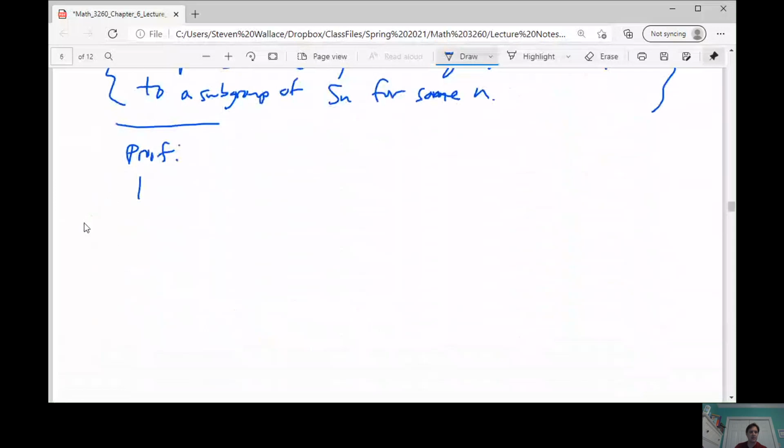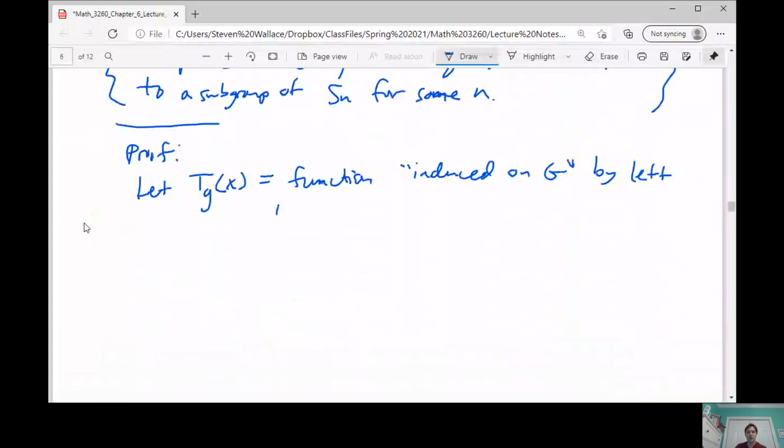So let's take T sub g of x to denote the function induced on G by left multiplication by the group element g.